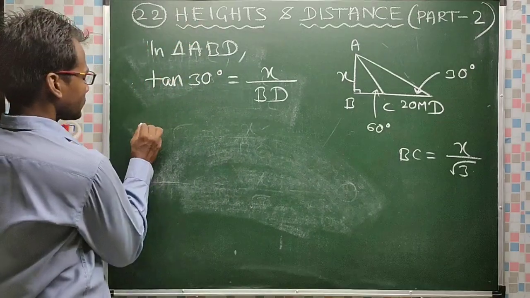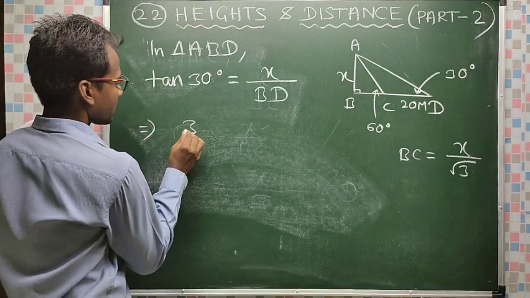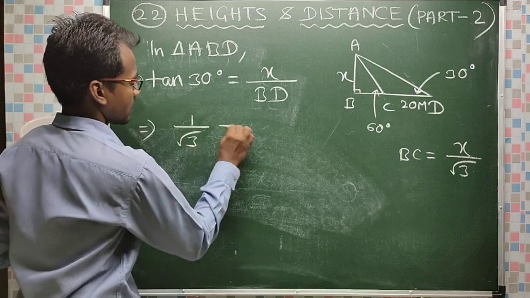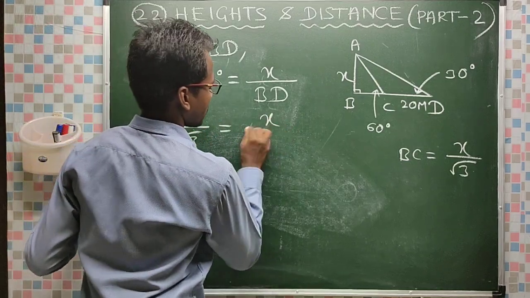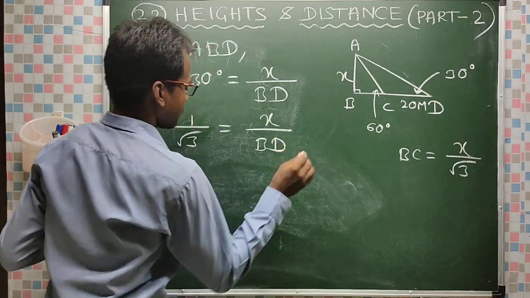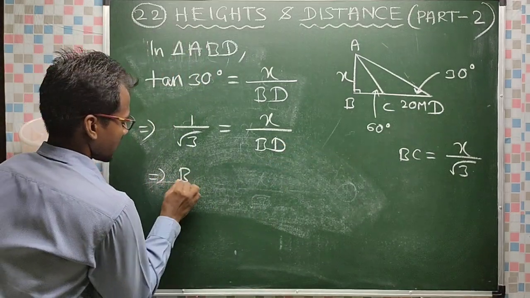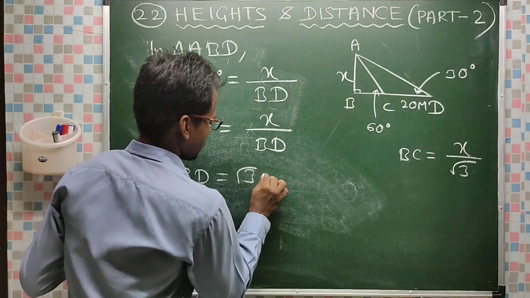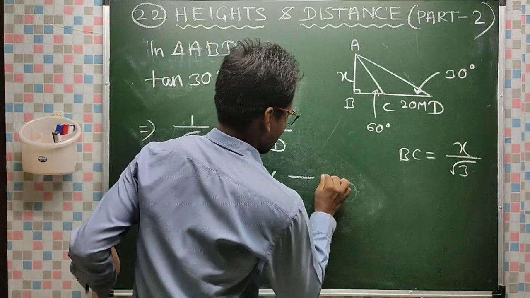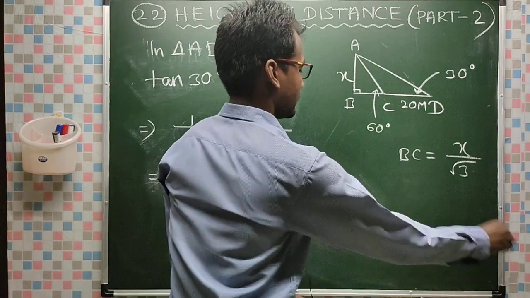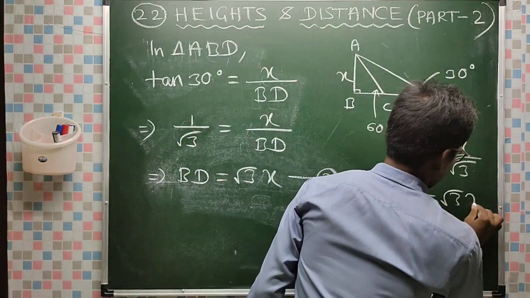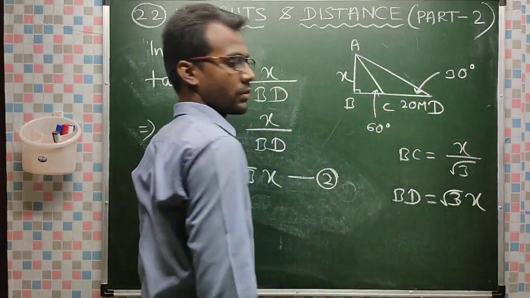Tan 30 degree means 1 by root 3 is equal to x by BD, or on cross multiplication we will get BD is equal to root 3x. Equation 2, BD is equal to root 3x.